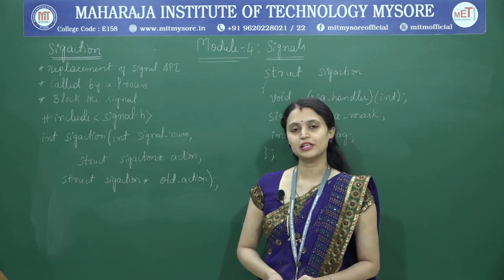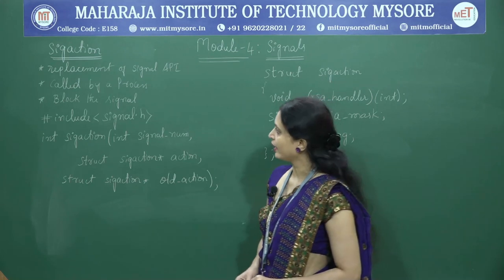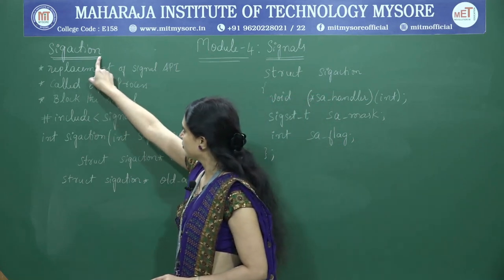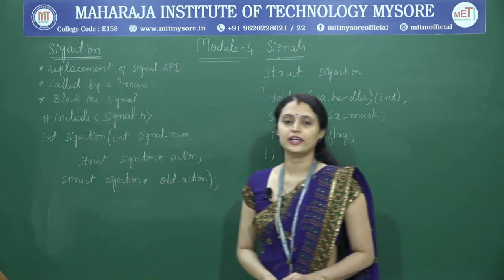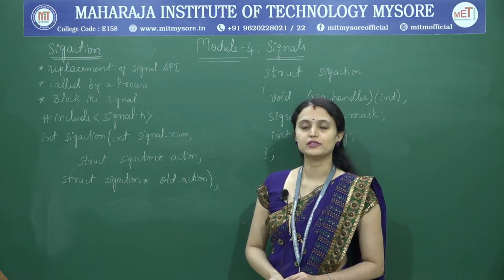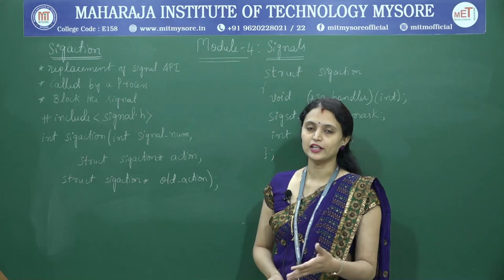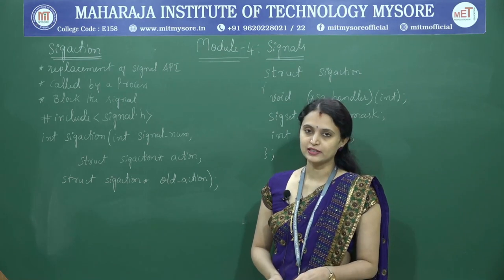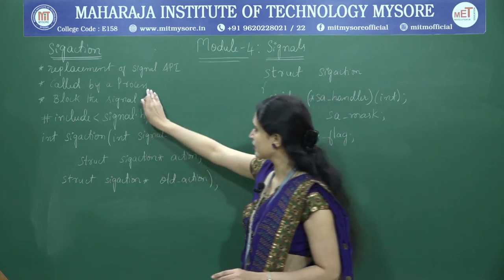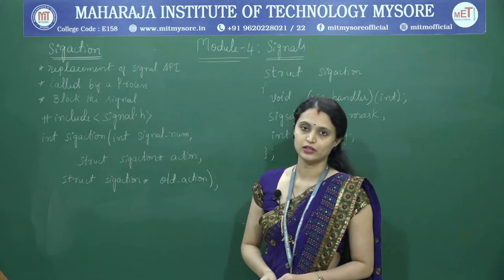So it works similar to the signal API. Also, this SIGAction API is called by a process in order to set up a signal handler or a signal handling function for all the signals that the process deals with, okay.